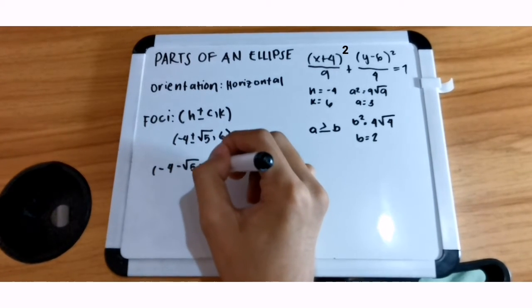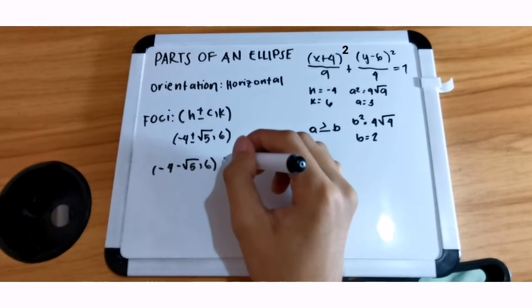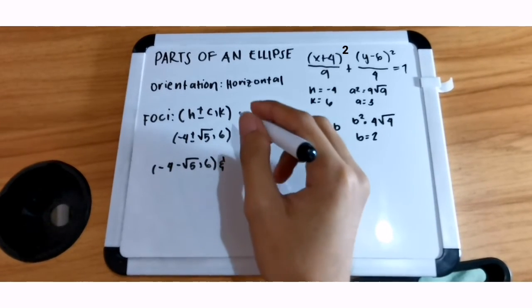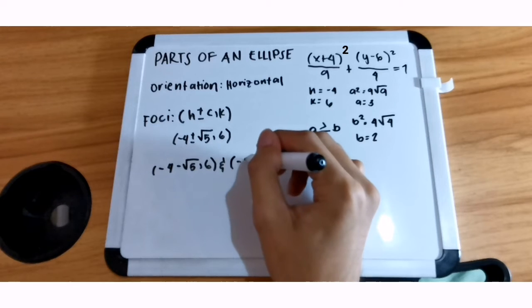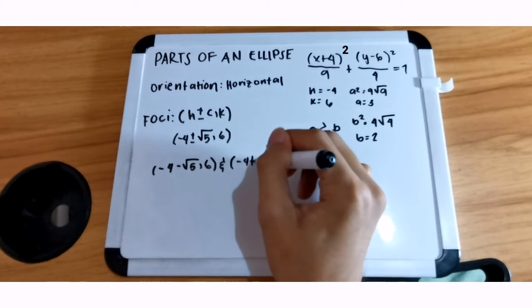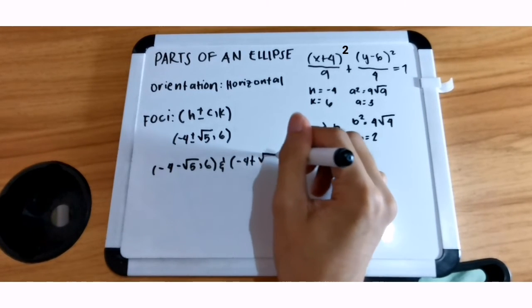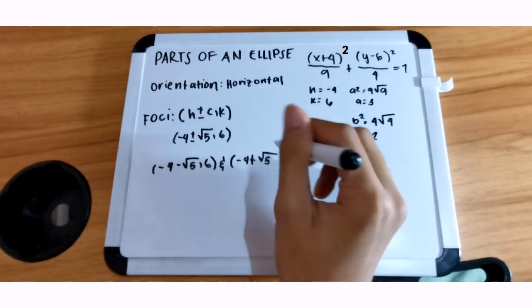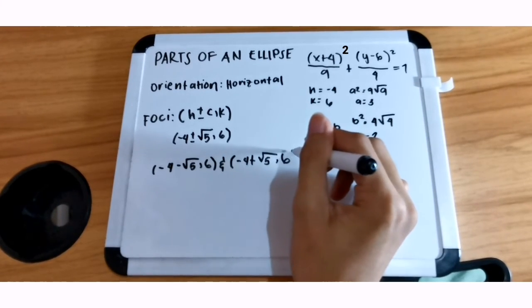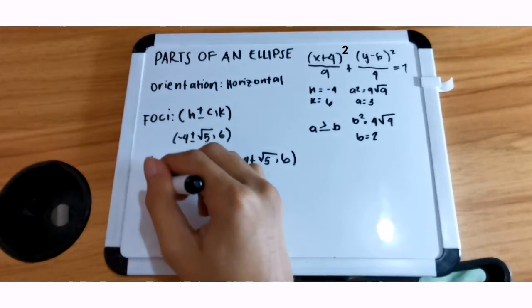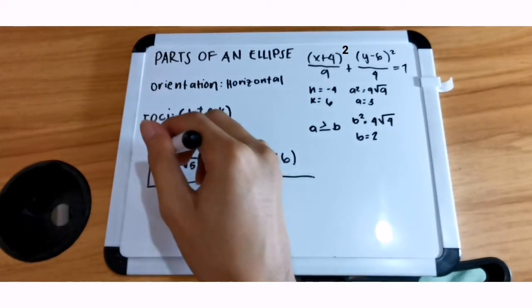Okay, so separate it again. So we have (negative 4 minus square root of 5, comma 6) and (negative 4 plus square root of 5, comma 6). Okay, that's it.